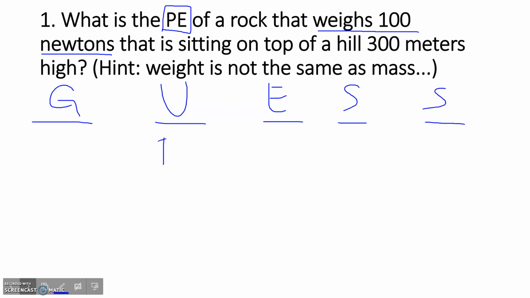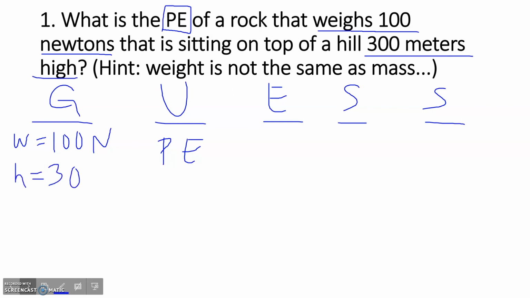Our unknown is that we are looking for potential energy. What we are given so far is that the weight is 100 newtons, and this rock is sitting on top of a hill that is 300 meters high. So we know that the height is 300 meters.